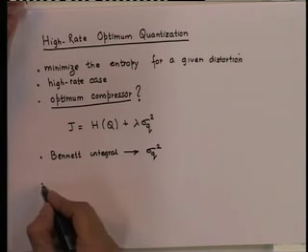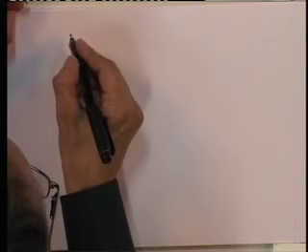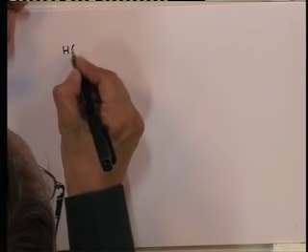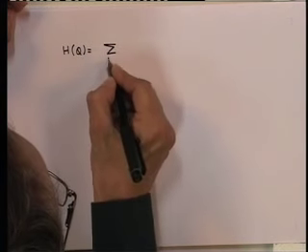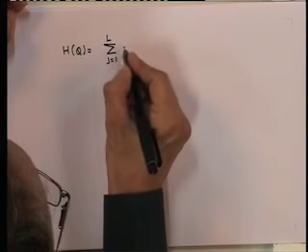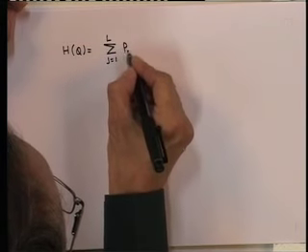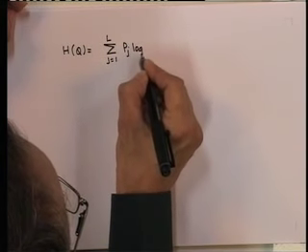Now, the quantizer entropy is given by Hq is equal to minus summation of Pj log Pj.